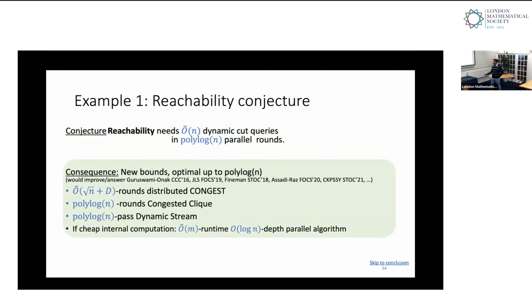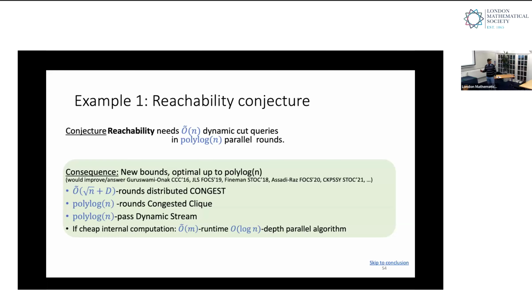You can solve congested clique, streaming, everything in an almost optimal way. And just this conjecture alone will improve a bunch of papers which were published in the last, let's say, 5 or 10 years. These are all top papers, the state of the art. Just one conjecture will do that.